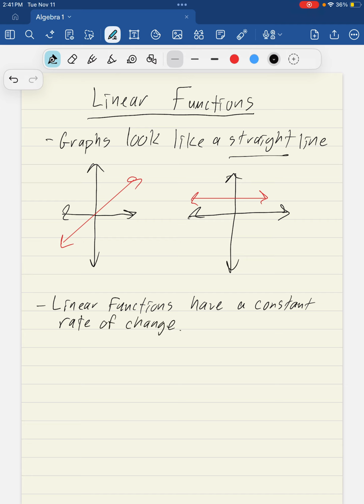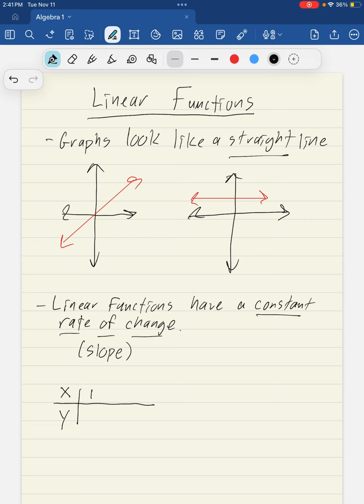What that means is related to what we call the slope. If you've heard of that before, great, you are ahead of the game. If you haven't, that's okay. You will hear about it in the next chapter. The easiest way is just to show you an example. It's pretty much that your x's and your y's are going to be increasing at a constant pattern.